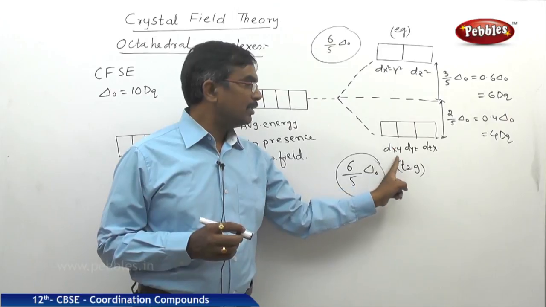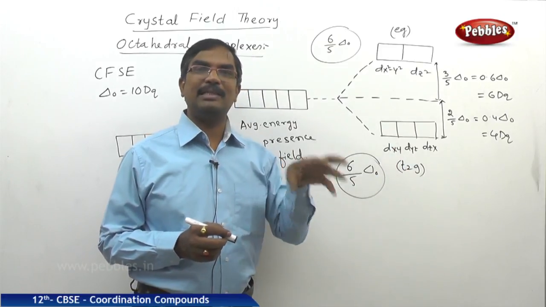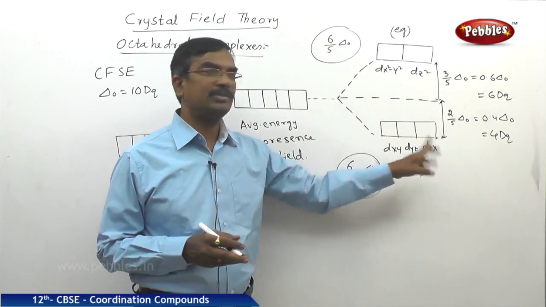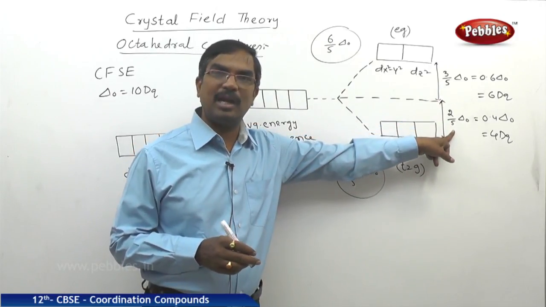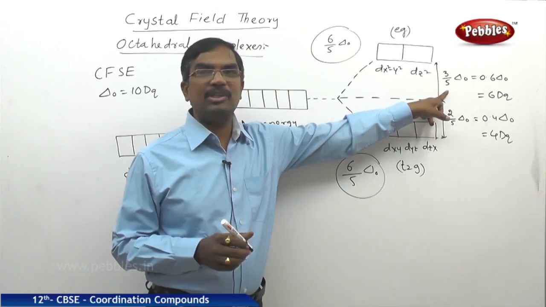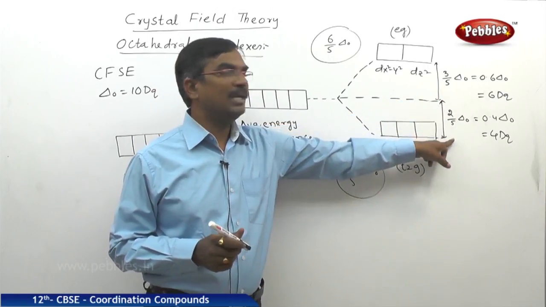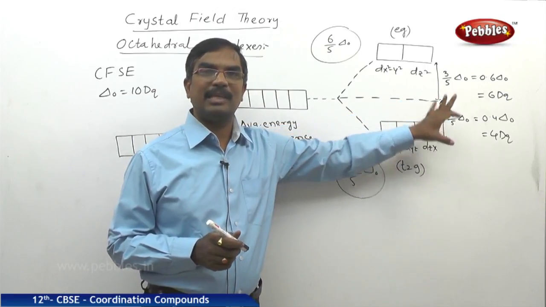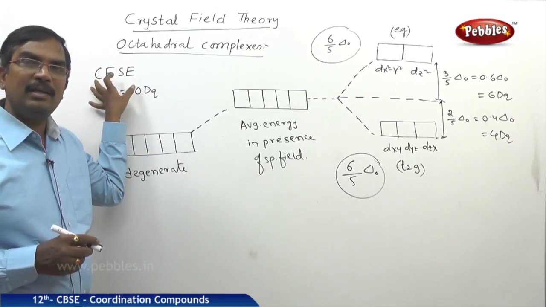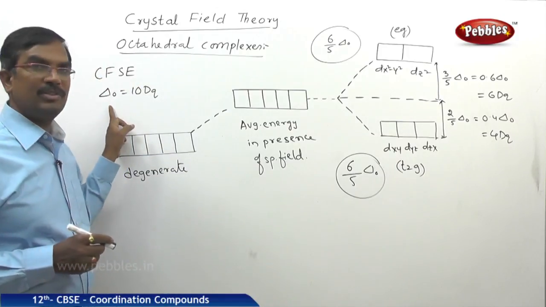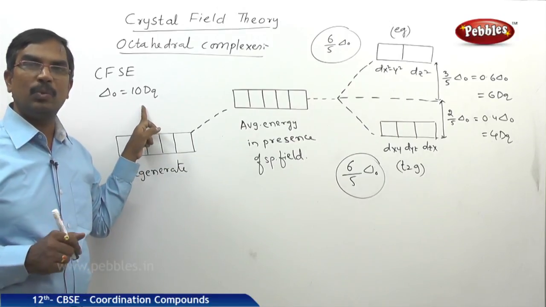At the same time, these are least interacted, so the energy of these three will decrease to this extent: 2 by 5 into delta O, and this by 3 by 5 into delta O. This is increase, this is decrease. The same you can represent in the form of CFSE, crystal field stabilization energy, which is delta O, equal to 10 dq.